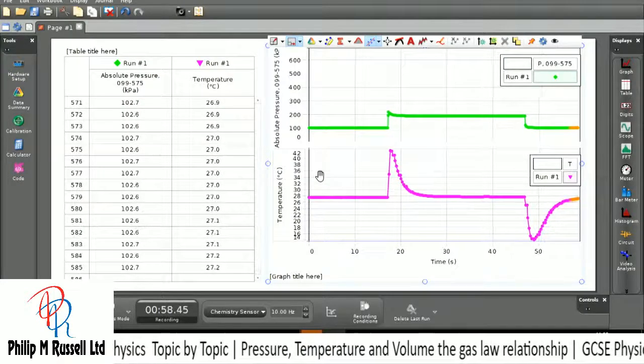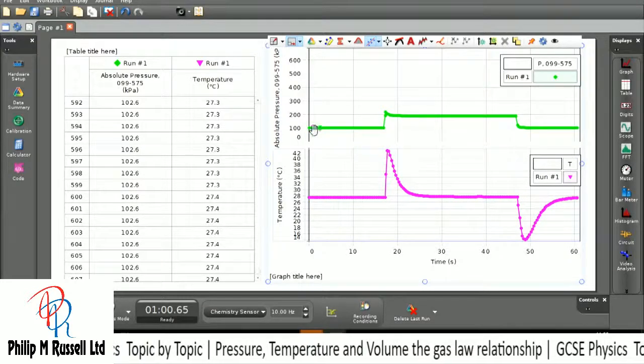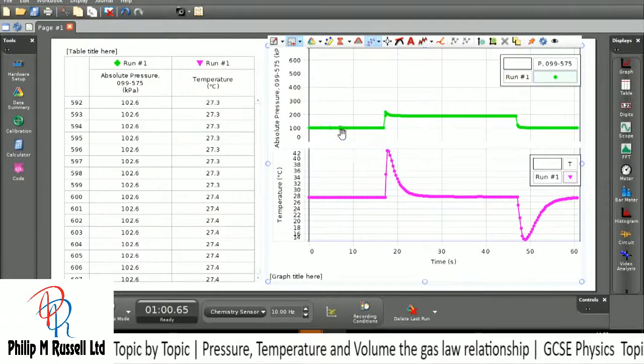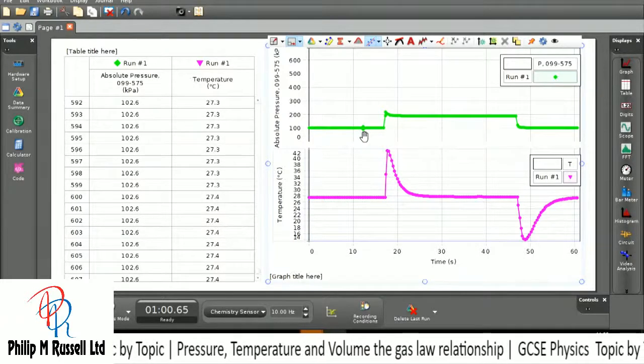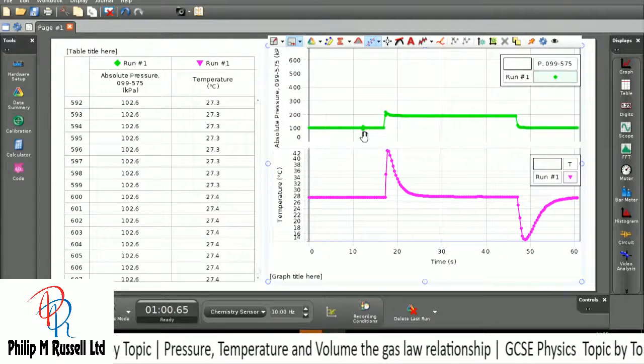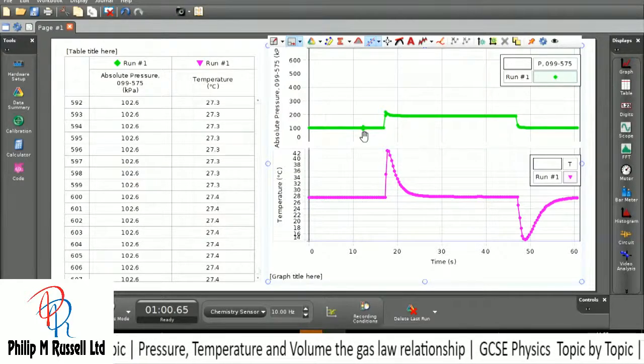So let's just stop the experiment here, and what we can see is I've got pressure of 100. This is at 40 centimeters cubed on the little machine. Let's bring it over so you can see in more detail.